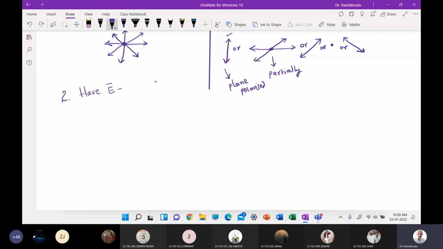So now I'll write: have E vectors. If you see this star, around it we have E vectors in all directions.